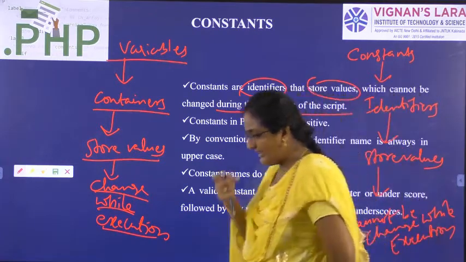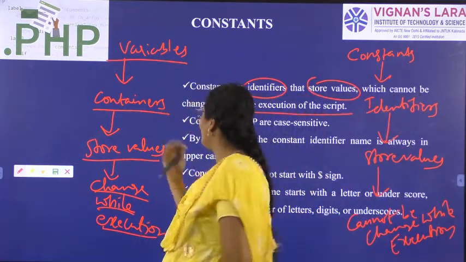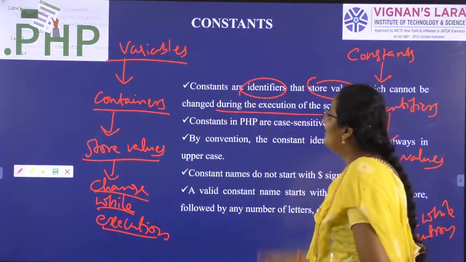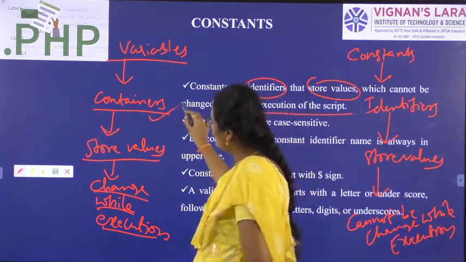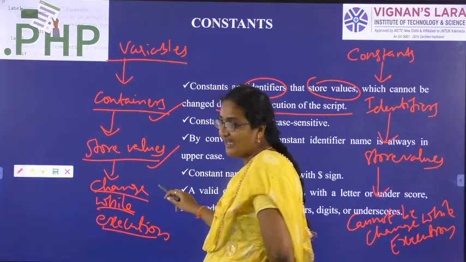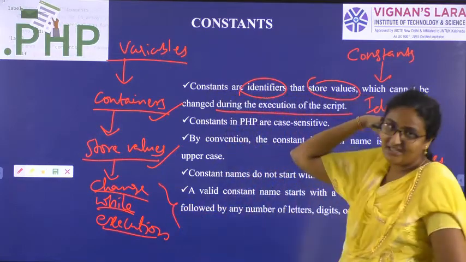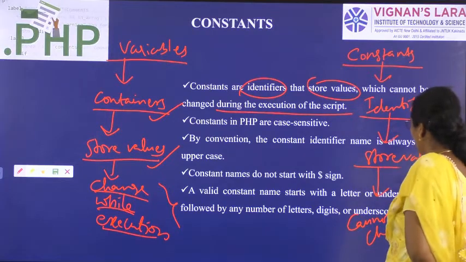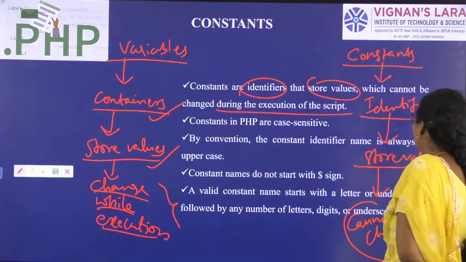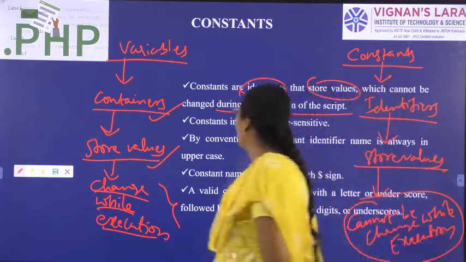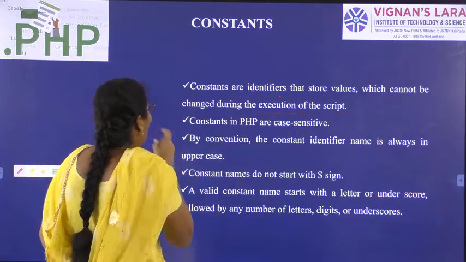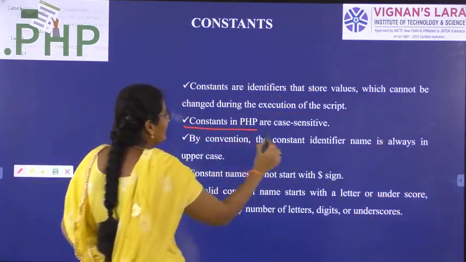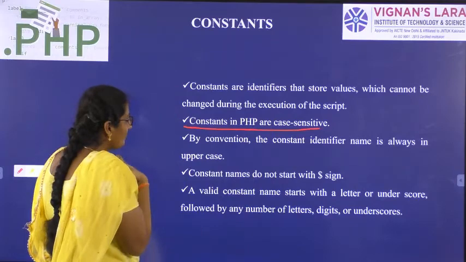So two types of things we have in PHP, variables and constants. Variables are the containers which are used to store the values and we can change the values at execution. So constants are the identifiers which are used to store the values and we cannot change the value of constant while executing. Constants in PHP are case sensitive.